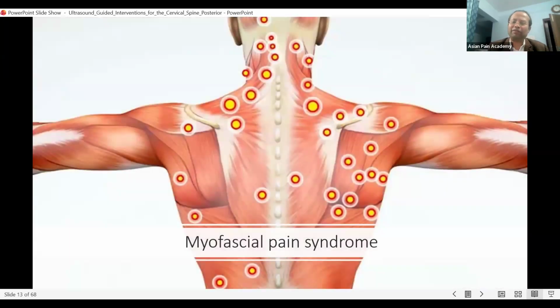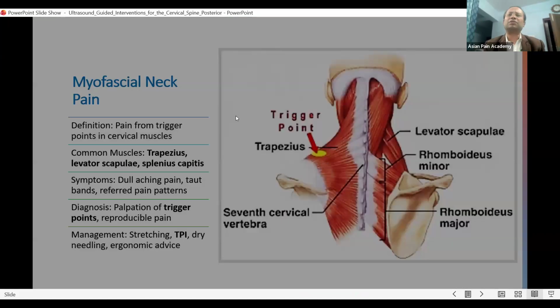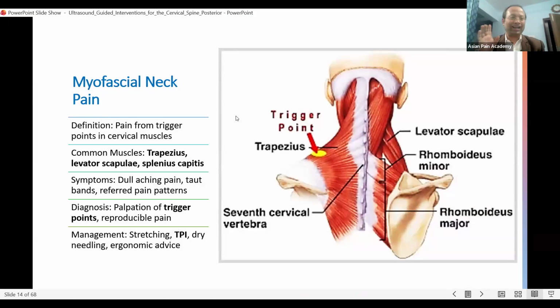Okay, so myofascial pain syndrome, there is not much to say. Myofascial pain syndrome usually involves different parts of the body, but when the neck is involved, mainly the trapezius, levator scapulae, splenius capitis muscles are involved, and we will search for the trigger points.